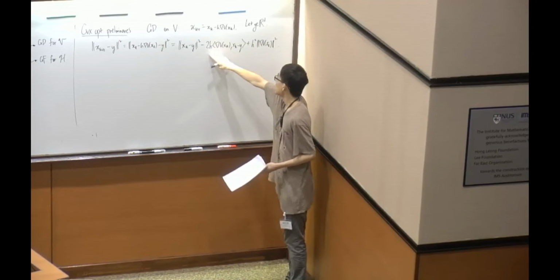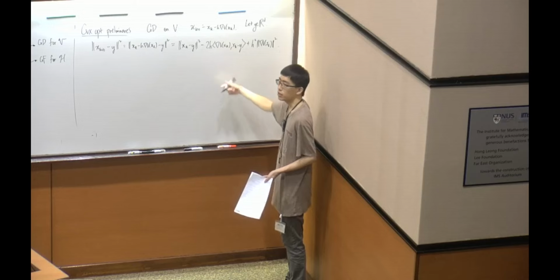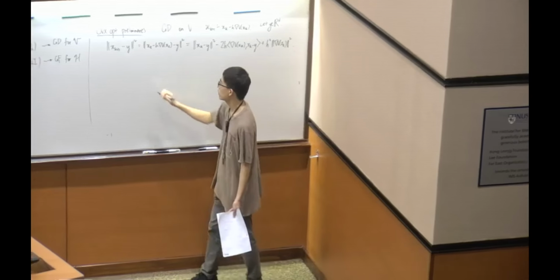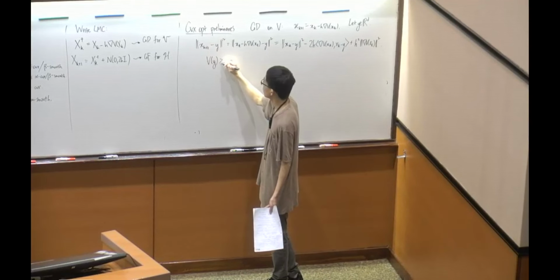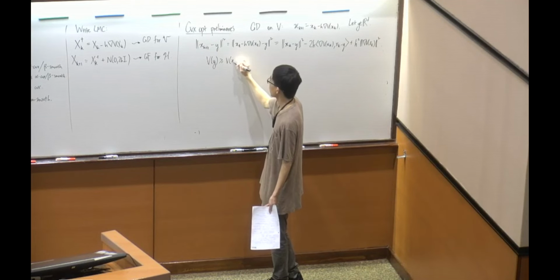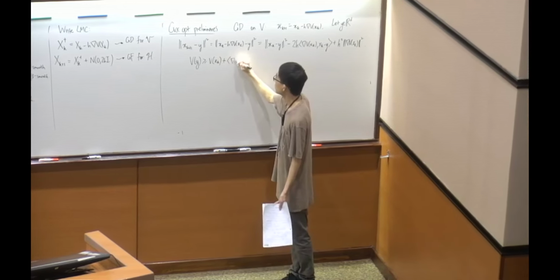So perhaps the most important one is this inner product term. The way that you can use this inner product term is through strong convexity of V. So strong convexity implies that V of y lies above its tangent line.